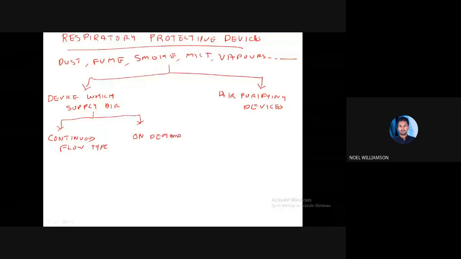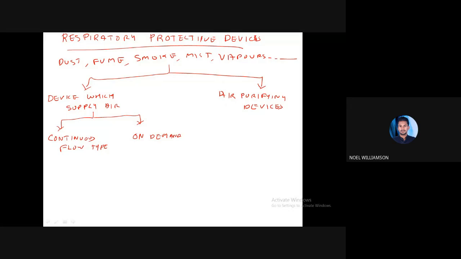By the name itself, we will get an idea. Continuous flow type means the supply of air will be continuous. There will be a continuous flow of air, whether he inhales or not. The air will be supplied continuously.